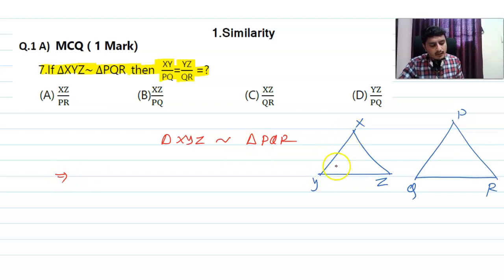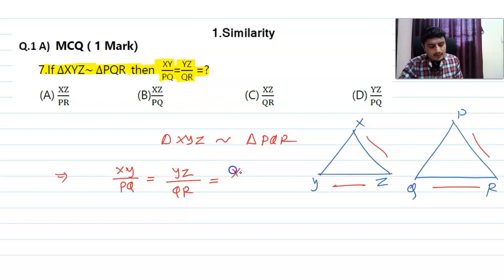That means XY divided by PQ equals YZ divided by QR, which equals XZ divided by PR. Look at the choice codes. The correct choice code is A, XZ divided by PR.